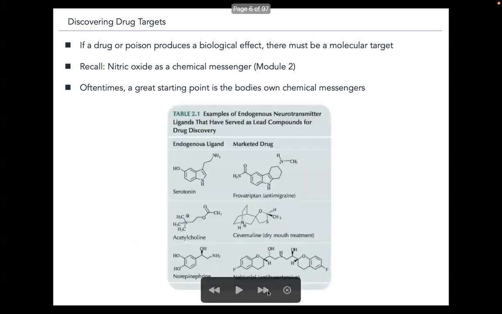But some examples of what that translates into: you have these endogenous ligands that you already looked at, that you hopefully recognize in a matching scenario. Then you can map those on to the creation of the marketed drugs that are seen here.